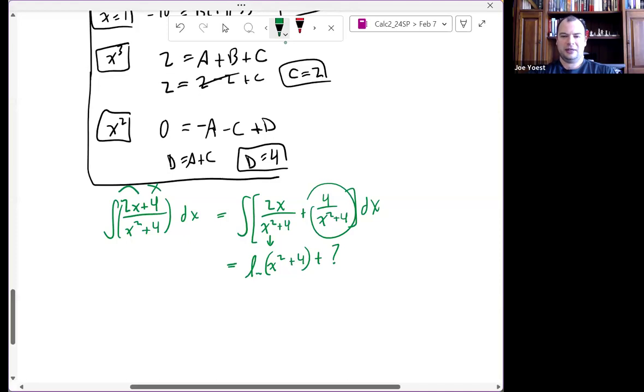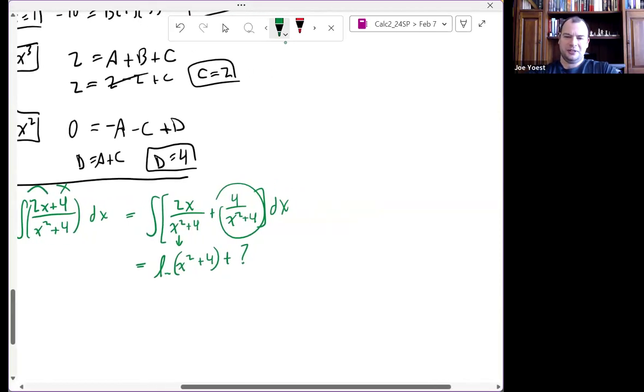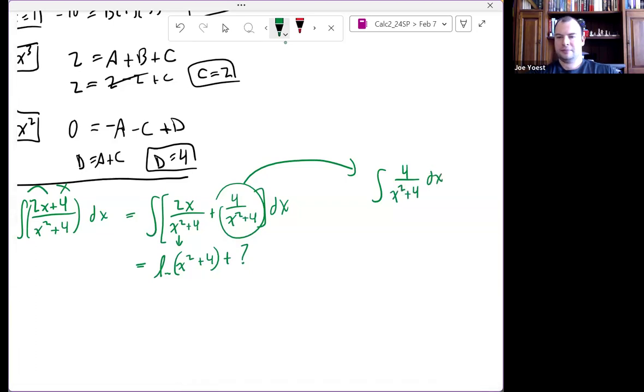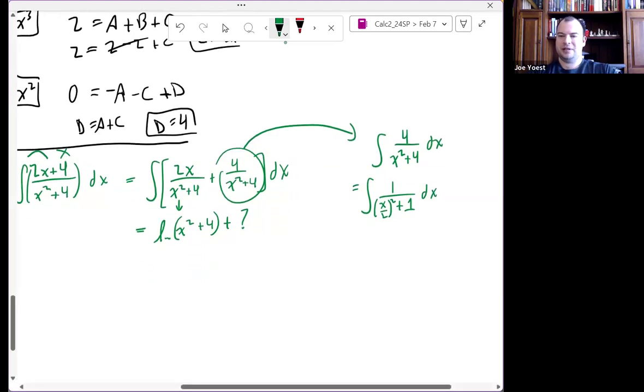And now I need to integrate this. And this looks a lot like an arctan, but I just need to fix the constants. I can divide top and bottom by 4. X squared over 4 is x over 2 all squared. So I get 1 over 1 plus something squared.